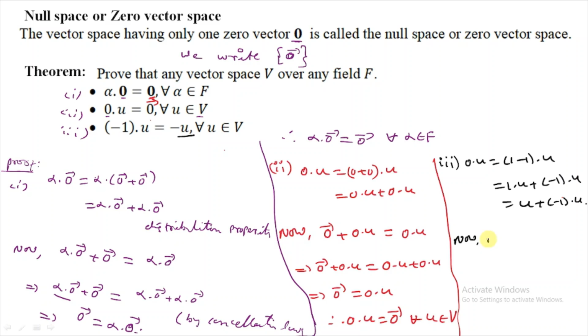Now u plus 0 dot u equal to u plus 0 dot u. Minus u plus 0 dot u, minus u plus u.